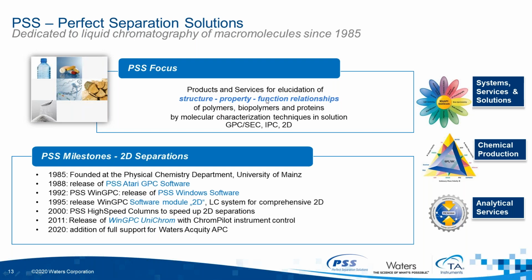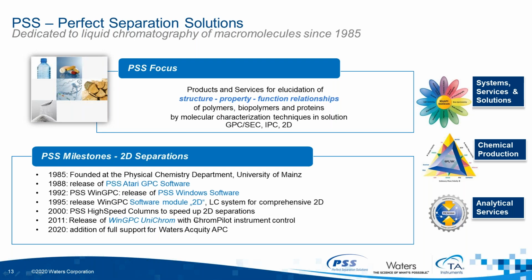Already in 1995, PSS released the WinGPC software module for two-dimensional chromatography. And in the following years, we added more and more solutions to increase the usability of 2D so that more labs can profit from the advantages of that technology.